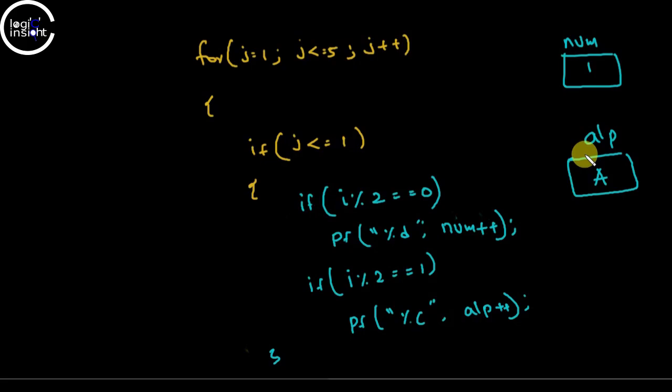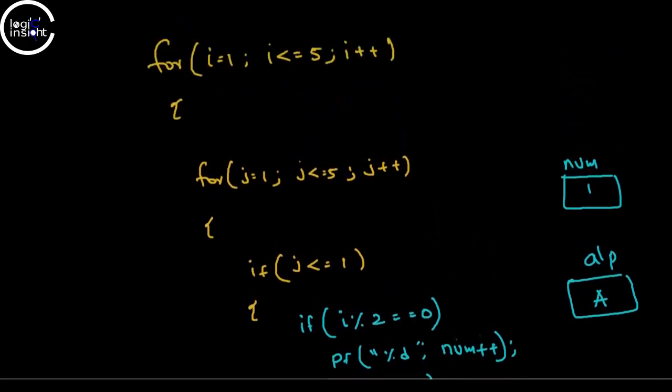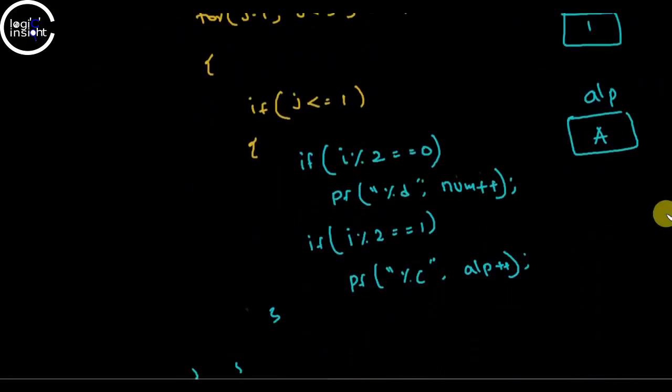Now after running this, we have written logic so that whenever it is odd, we increment the value in alpha, and whenever even, in num. Let's see whether it works. At first, the first row is odd, so it prints alpha, which means A, and the second row prints 1 2.